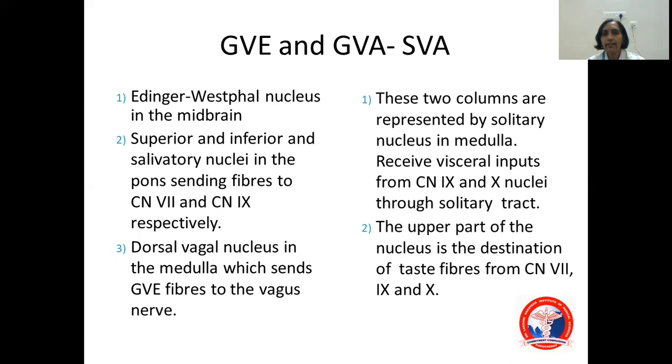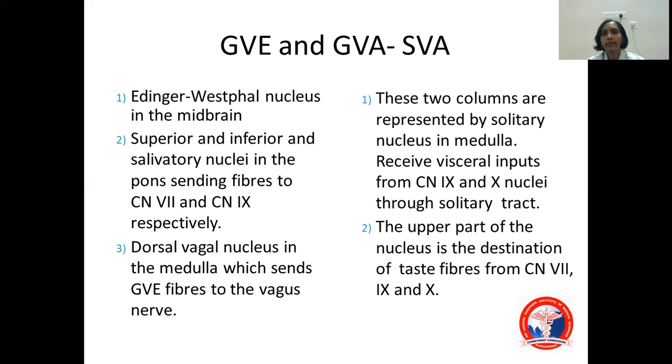The parasympathetic fibers from the Edinger-Westphal nucleus running through the oculomotor nerve relay in the ciliary ganglion and supply parasympathetic fibers to the intraocular muscles.